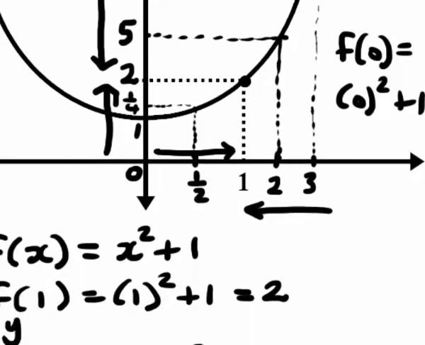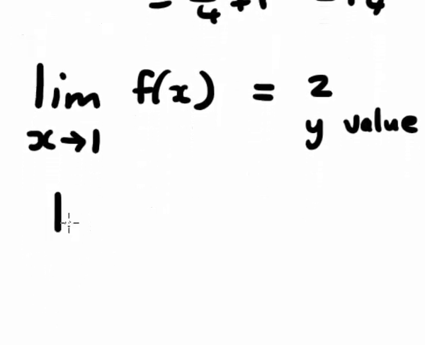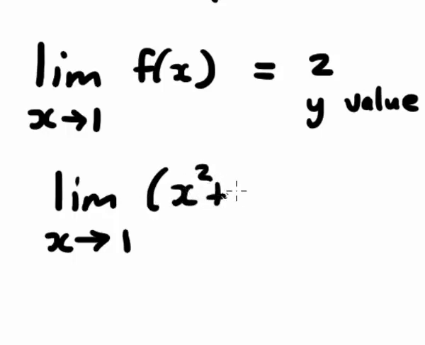It's quite difficult, this, but what we know is that the limit as x approaches 1 of the graph is actually the y value. We're approaching a y value of 2 if x is going to 1 in either direction. And look at this. Notation-wise, underneath the limit we say x arrow 1, and the graph is x squared plus 1.